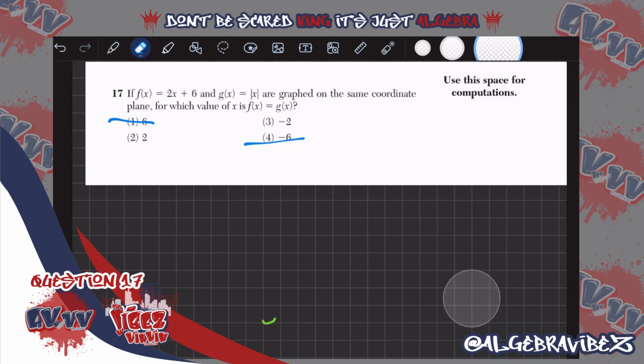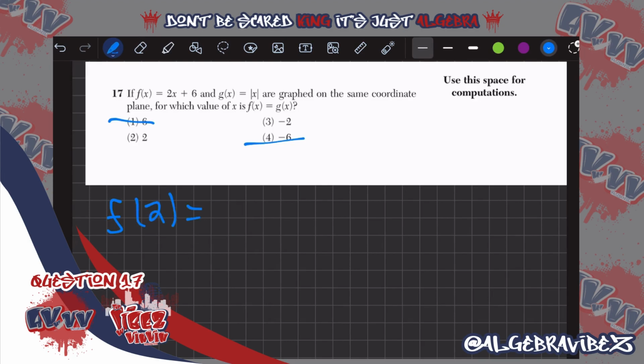Because 2 is our next one, we're just going to go ahead and do that. So f of 2 is equal to 2 times 2. All I'm doing is plugging in anywhere there is a value of x, I'm plugging in the value of 2. 2 times 2 is 4, plus 6, we already know is 10. You can kind of see something happening right now.